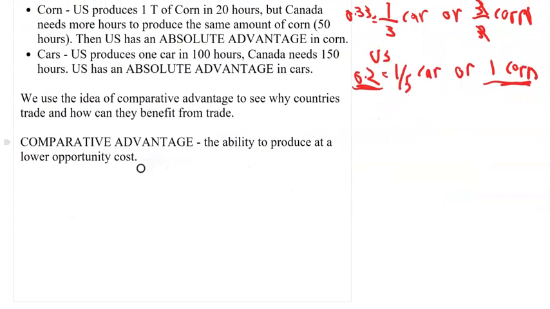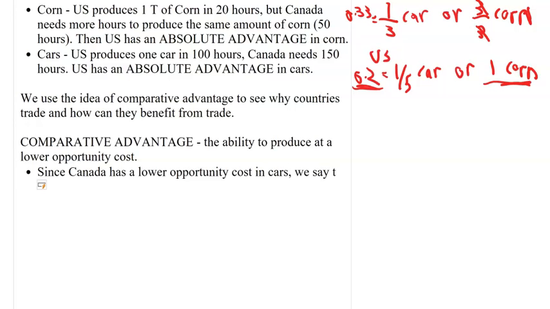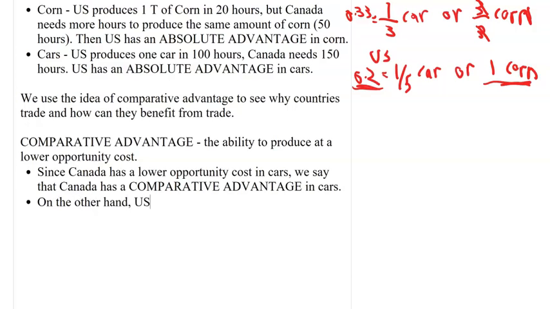So we can go here and write, since Canada has a lower opportunity cost in cars, we say that Canada has a comparative advantage in cars. On the other hand, US has a lower opportunity cost for corn.